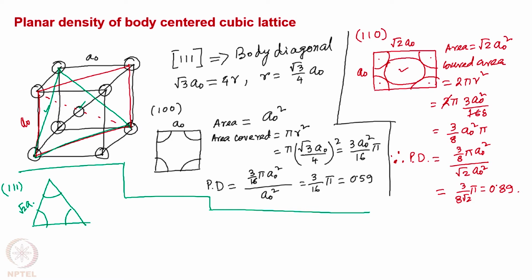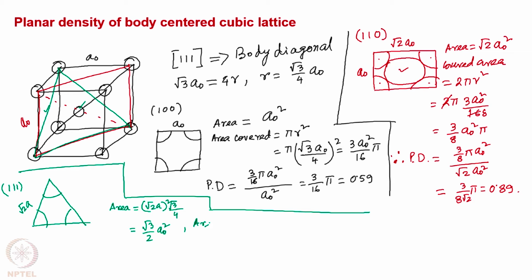So the area under this triangle is root 2 a square times root 3 by 4, which means it is equal to root 3 by 2 a0 square.